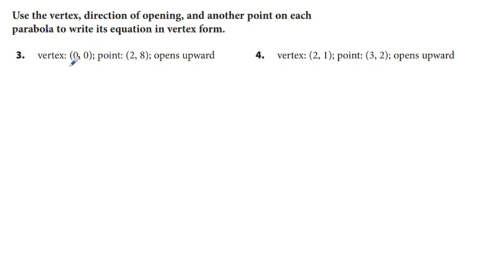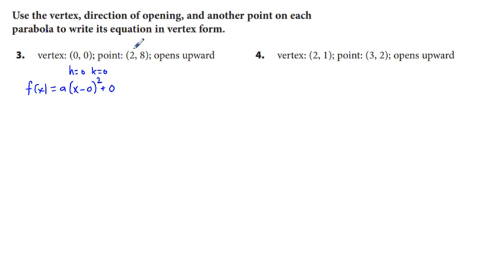So this means that h is equal to 0 and k is equal to 0. And we have our second point. So our quadratic function in vertex form is going to be f of x is equal to a times x minus h, which is x minus 0, squared, plus 0.